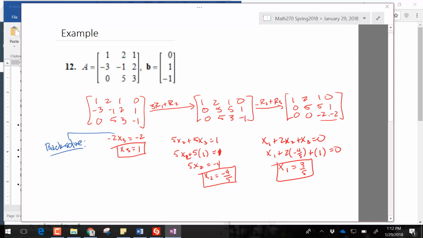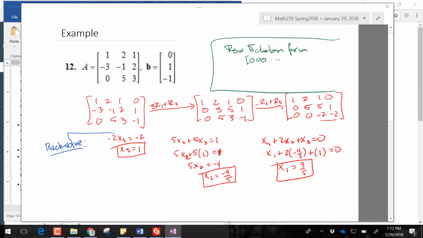So remember, your key things to look for, if you have your row reduced or row echelon form, and it looks like this, where it is zeros and then your augmented part is non-zero, then you have no solution.